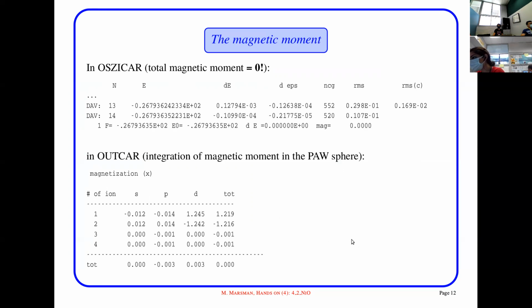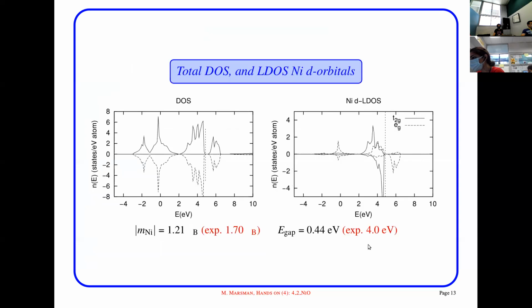So you would be okay, but still, your nickel should have some magnetization. If you get the magnetization of the nickel, we get to the problem that we said before, that we get 1.21 instead of 1.70, which is the experimental one. But the big problem is the band gap. The band gap is 0.44 instead of 4.